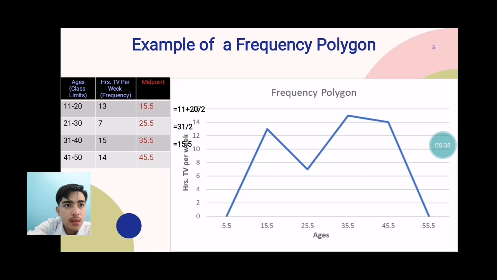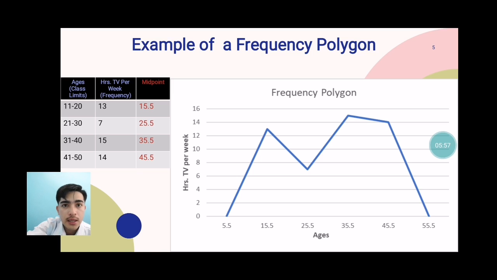Here, 11 is the lower limit and 20 is the upper limit. So 11 plus 20 is equal to 31, divided by 2, that's why we come up with 15.5.